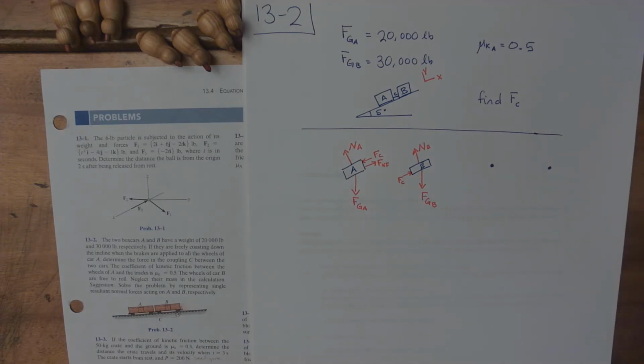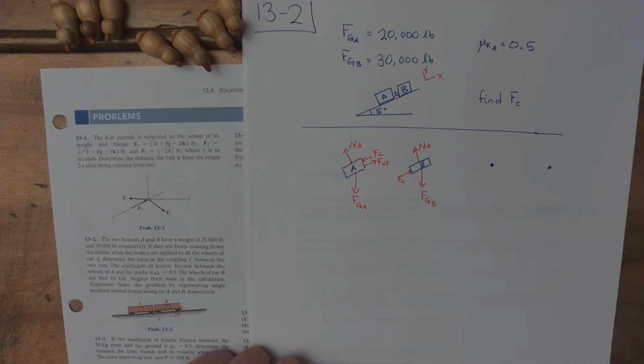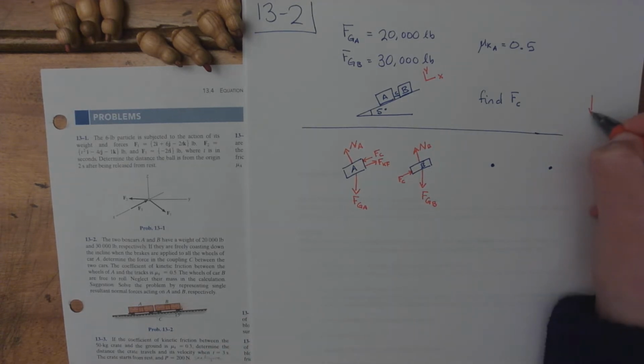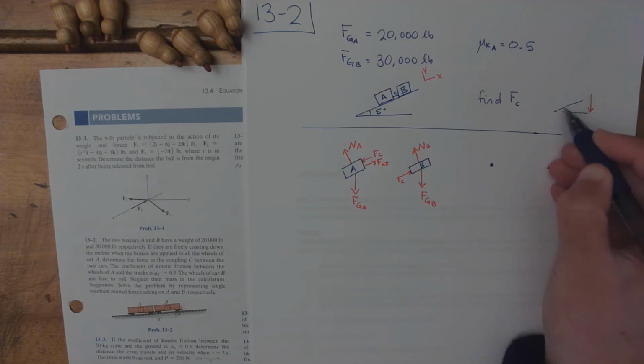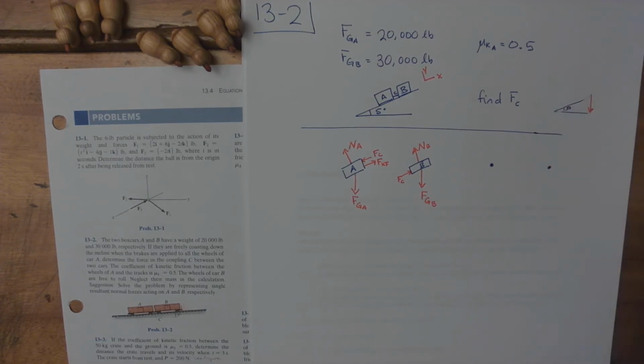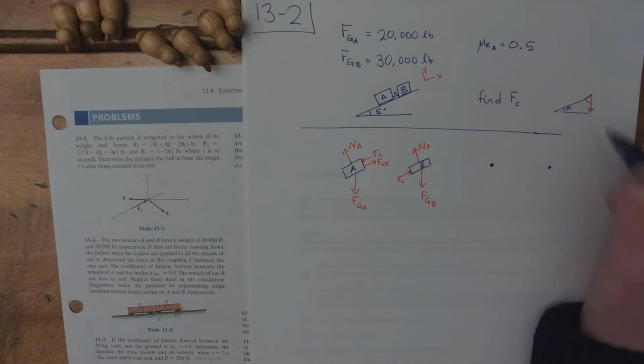I would just have to break the force of gravity down into components. I did this in a previous problem, so I'm not going to do it every time. But if you have your force of gravity acting straight downward like this, and you have your angle of 5 degrees here, then this angle here is 90 minus 5 degrees because this is a right triangle.